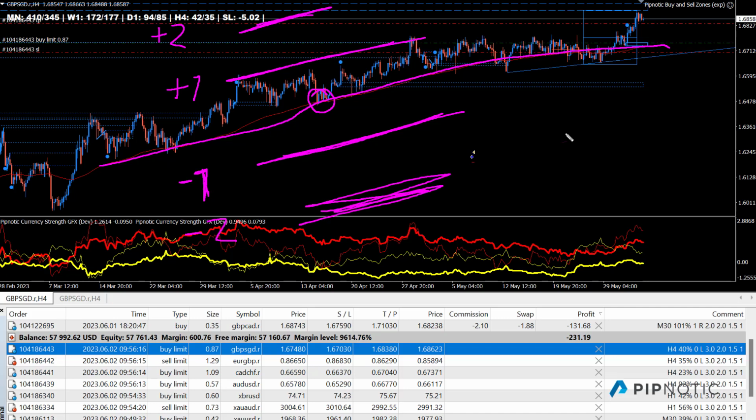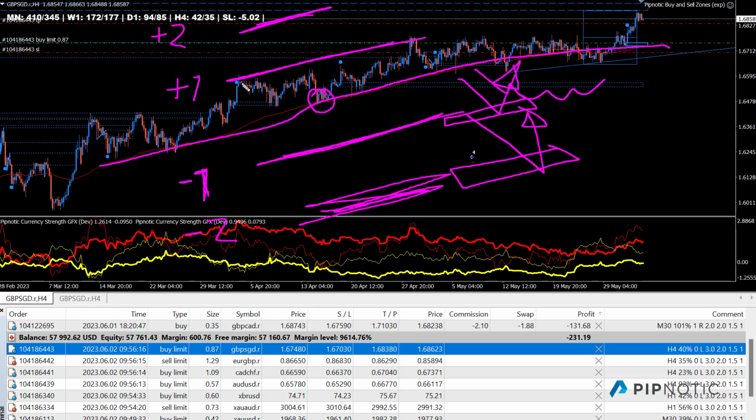And so we could go even as far as to say, well, what about a deviation from that mean? If prices manage to come down here and we find demand here at the -1 or even the -2, well, this would be a really good level, because we would expect prices to what? To revert to the mean from the -1 or the -2. Likewise, we would expect prices to move back away from the +1 and the +2.